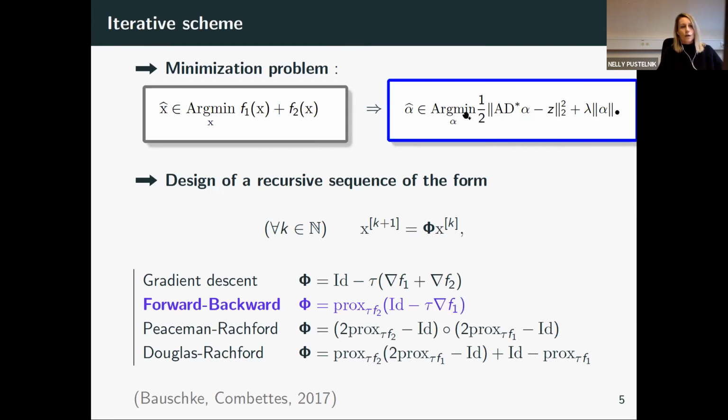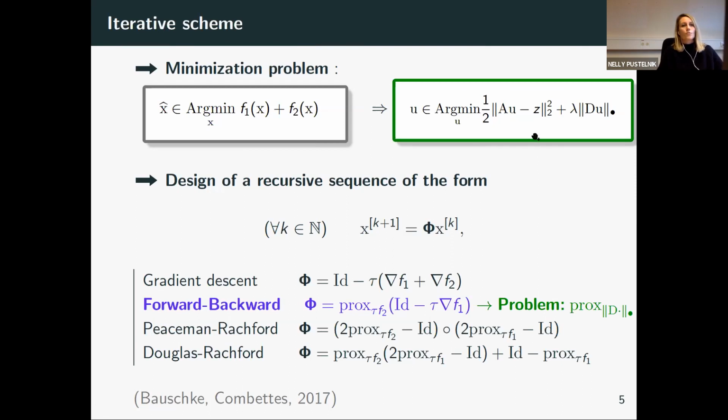You have this differentiable term where you can easily compute the gradient, and you have this norm, typically an L1 norm, for which you have a closed form expression of the proximity operator. So then you perform a gradient descent on the data term and a soft-threshold.